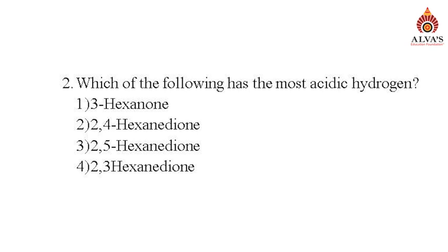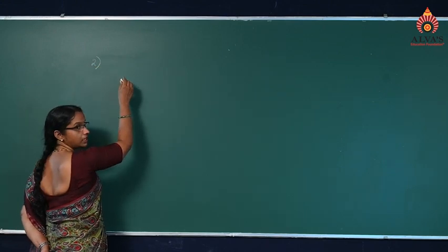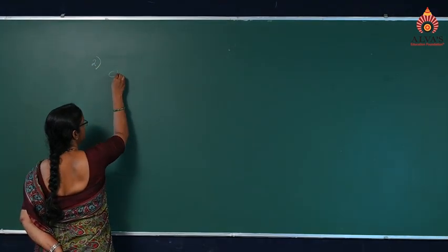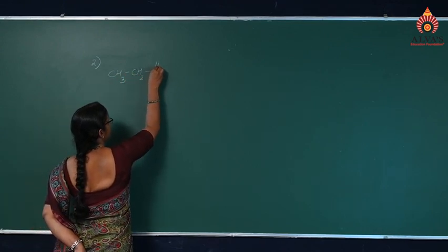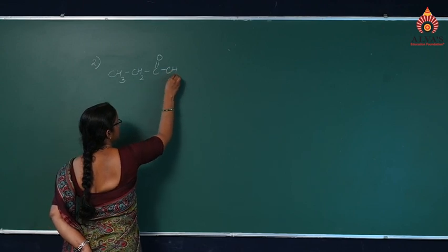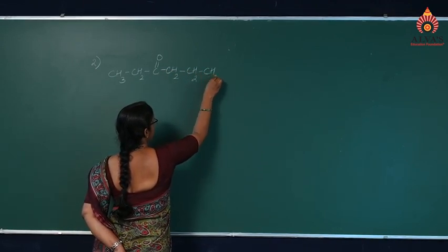So let us see their structures. First one is 3-hexanone. So I have CH3, CH2, C=O, CH2, CH2, CH3.